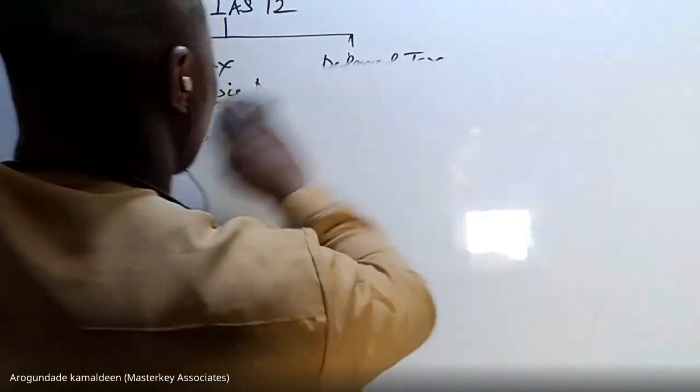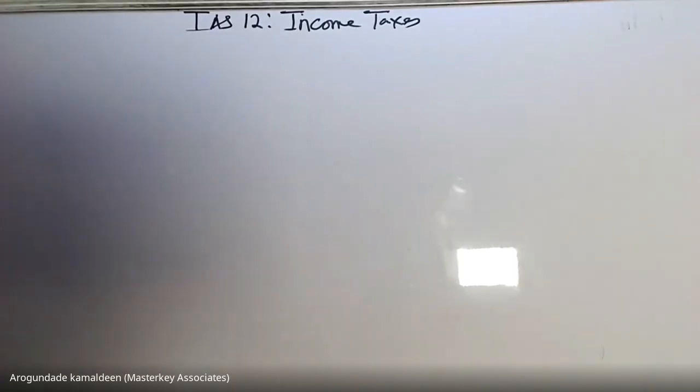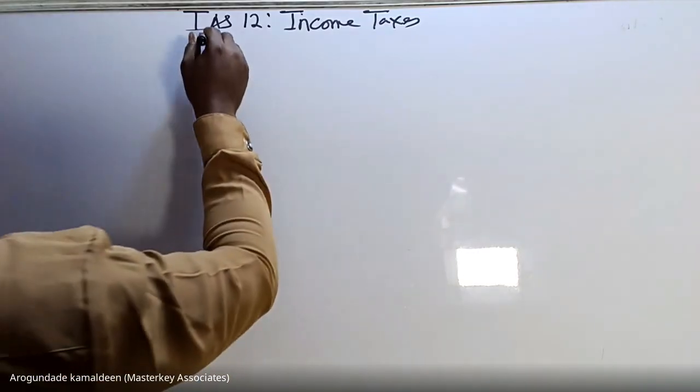For us to determine our current tax, we need to ask, what is our taxable profit? Because that taxable profit is the adjusted accounting profit on which the tax authority will compute your tax liability. Now, computation of taxable profit.